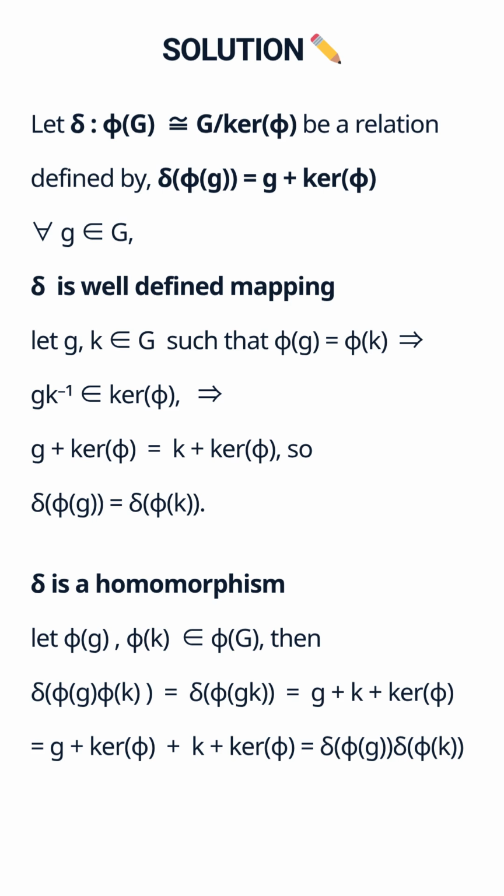So this equals G K plus the kernel of phi, that is the left coset of the kernel of phi by GK. So this equals the sum of the left coset of the kernel of phi by G and the left coset of the kernel of phi by K, which equals delta phi G plus delta phi K. So delta is a homomorphism.